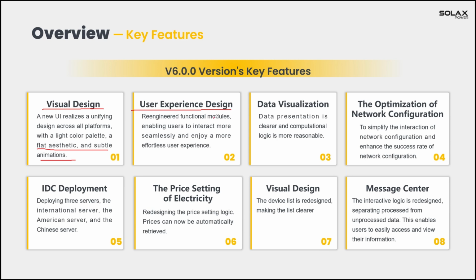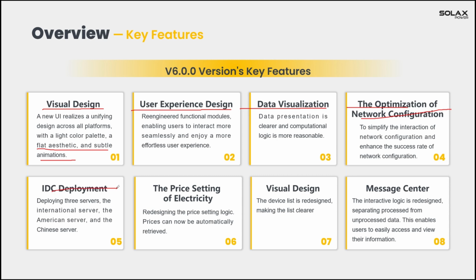And then about the data visualization, we also made an upgrade. It becomes clearer and the computational logic is more reasonable. And then we also got an improvement of the network configuration. And what's more, we added the IDC selections.